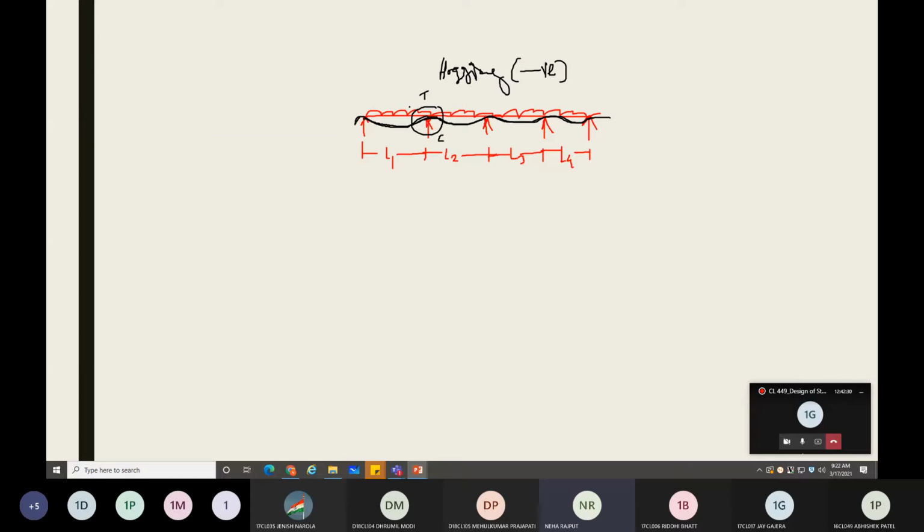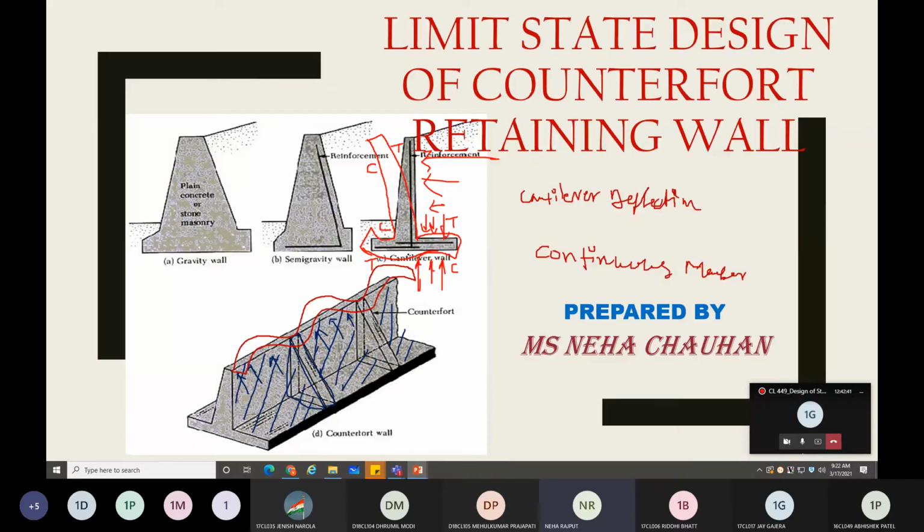Right, now if you rotate this beam by 90 degrees, this will behave similar to this stem part, right?